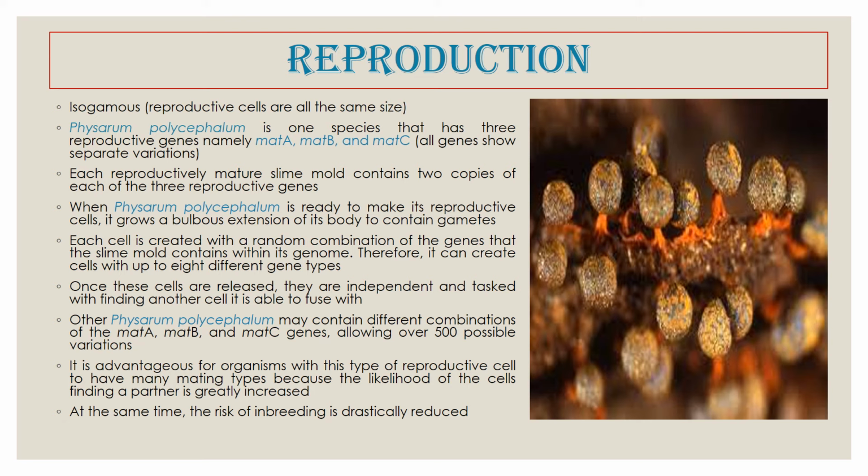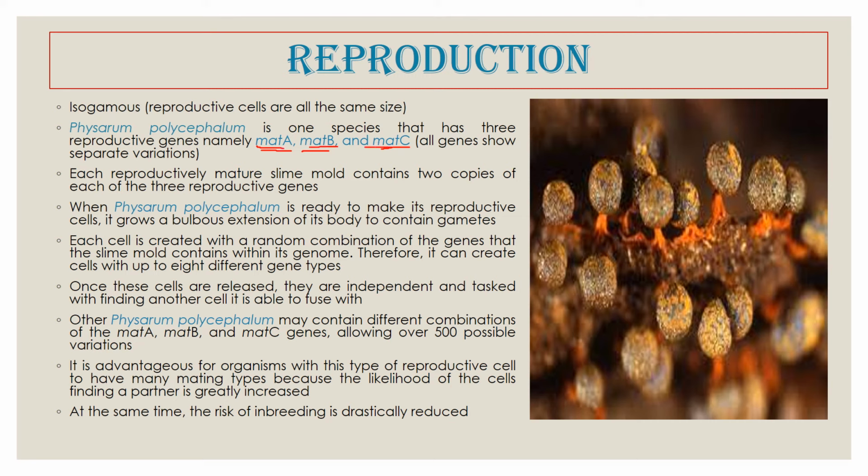So the Physarum has three genes, MAT-A, MAT-B and MAT-C. We know that any gene has many alleles, and recombination of these alleles increases the variations in the genes. So this variation in the genotypes as well as the phenotype is increased by alternation and recombination of the alleles of these three genes.